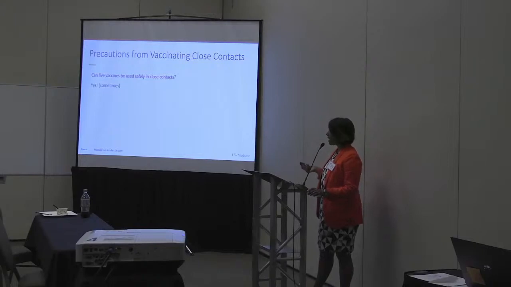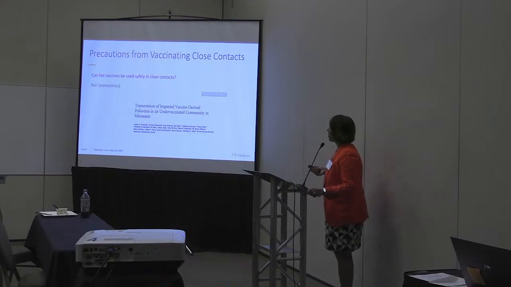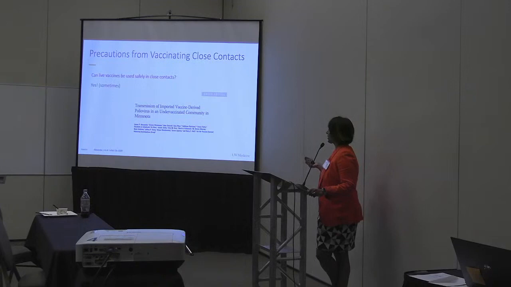So in general, I would say that close contacts can get live vaccines. Live polio we don't give, so I wouldn't give that one, obviously. But in general, you can do it. I would say that this is one of the things that I was mentioning, and then we've had more recent cases, but transmission of imported vaccine-derived polio in an under-vaccinated community in Minnesota.